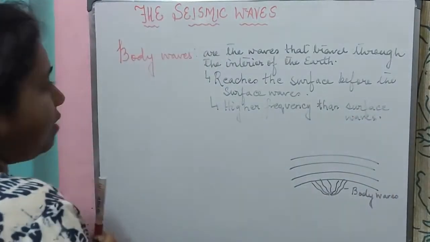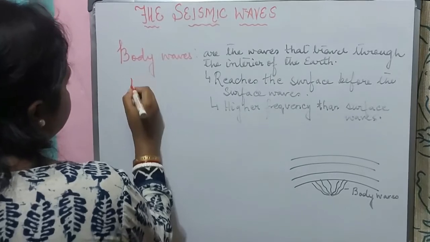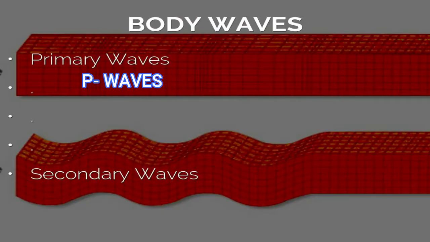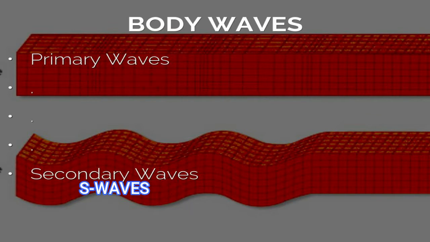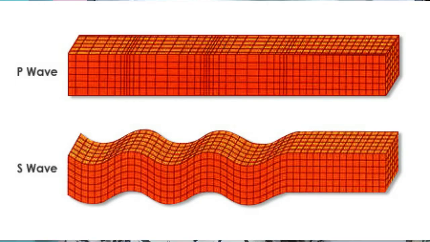Now the body waves are again divided into the P waves or the primary waves and the S waves or the secondary waves. Now let us know about the P waves.